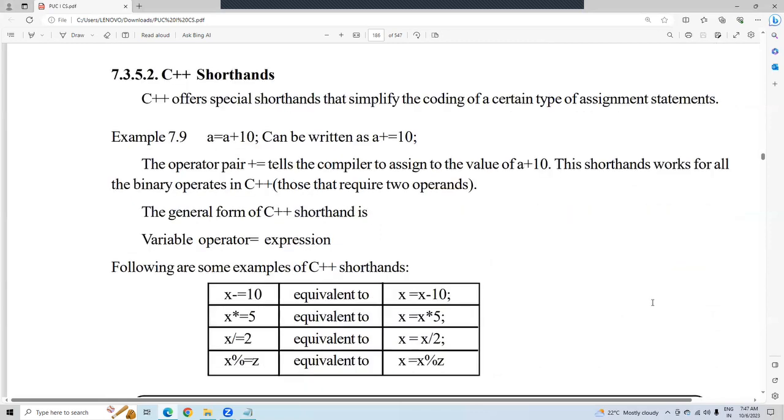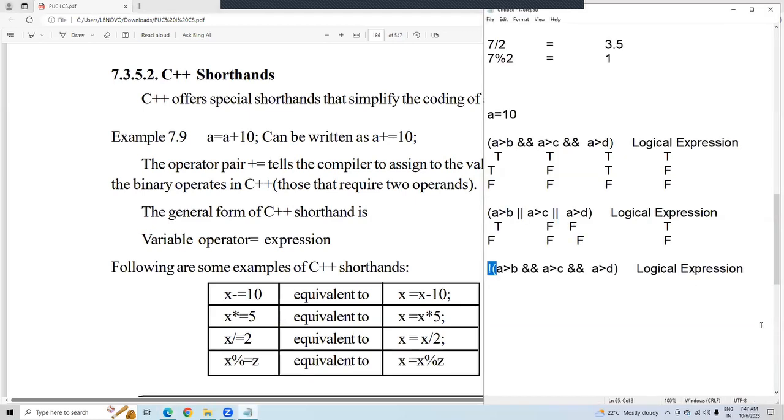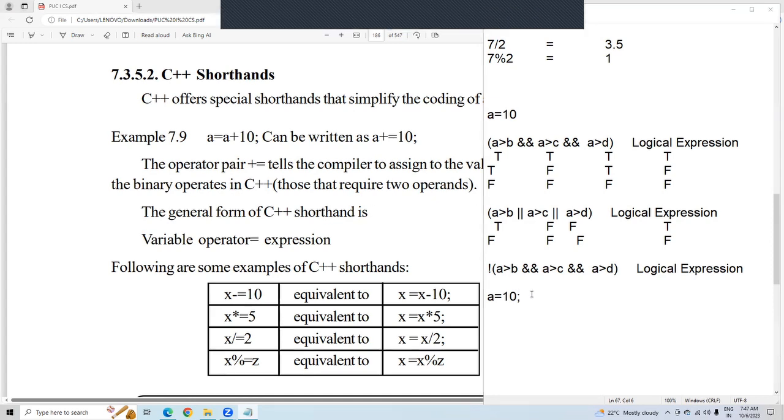We have something called a shorthand assignment operator. Here, as I said, when you write A equal to 10, usually we read this in mathematics. So in mathematics, you read A equal to 10, but in programming, we don't read this as A equal to 10.